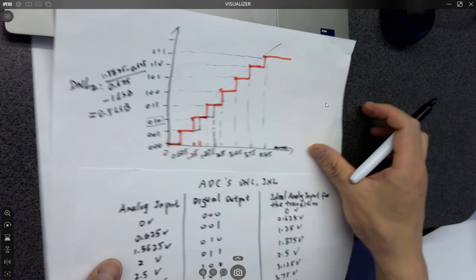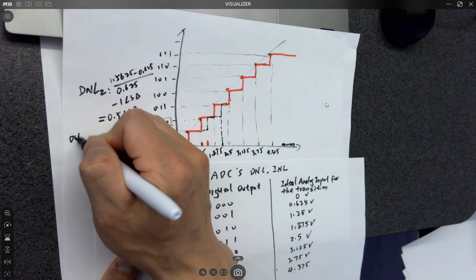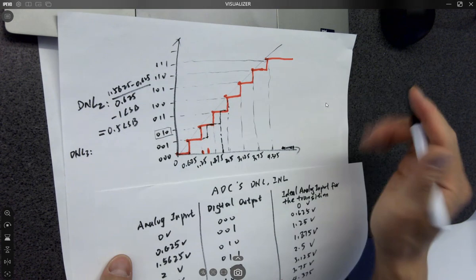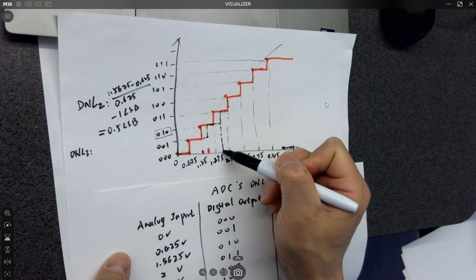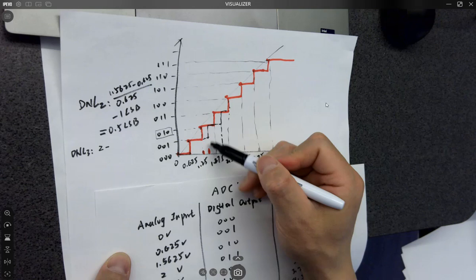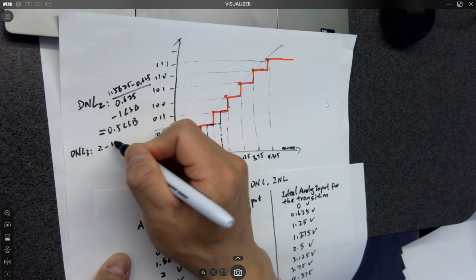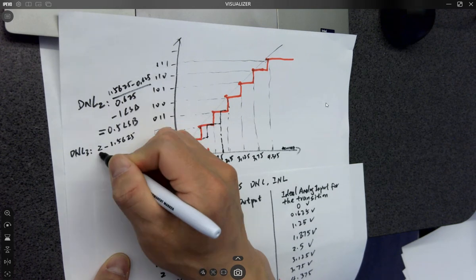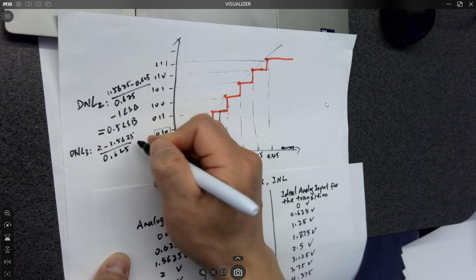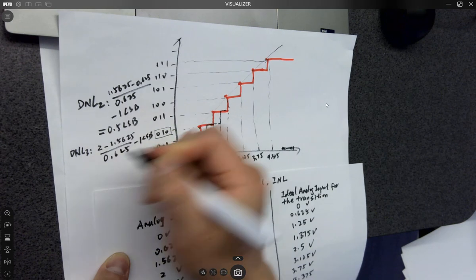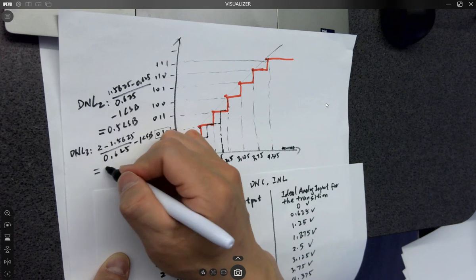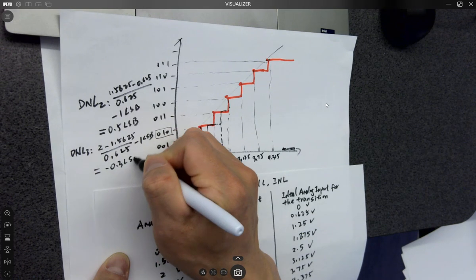Okay, so you got a DNL3. It's from 2 minus 1.5625, divided by 0.625 minus 1 LSB. That equals negative 0.3 LSB.